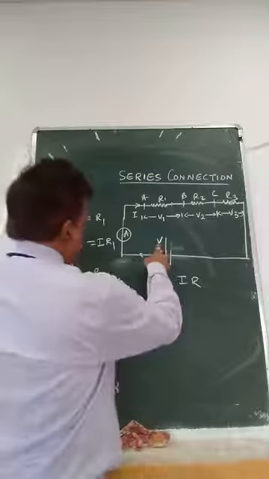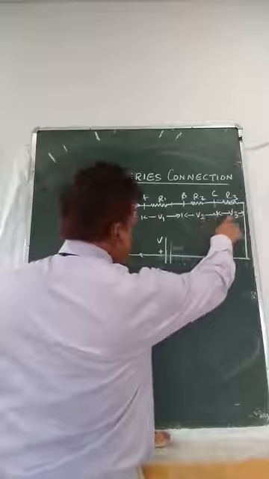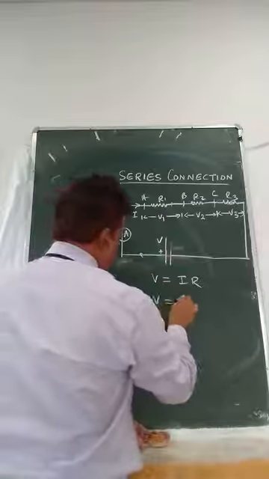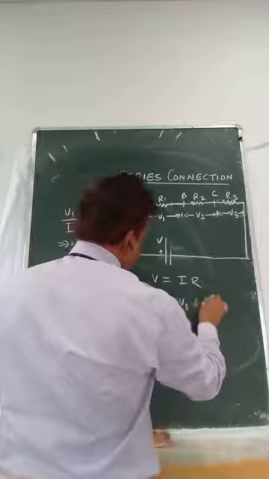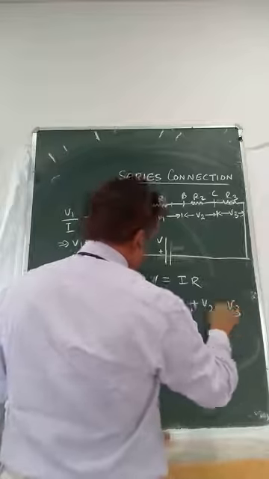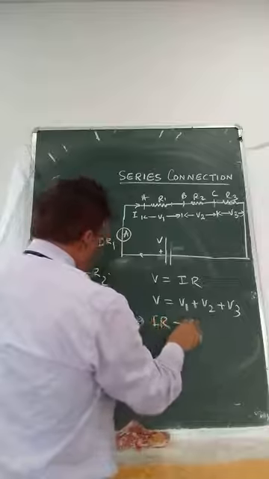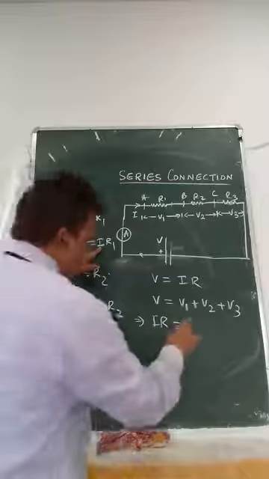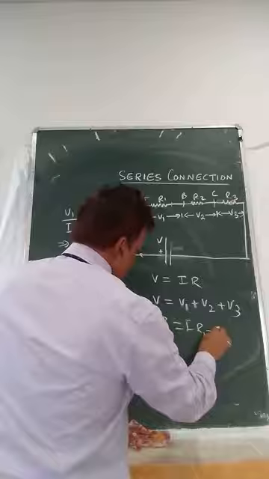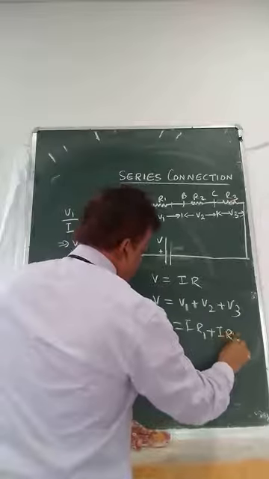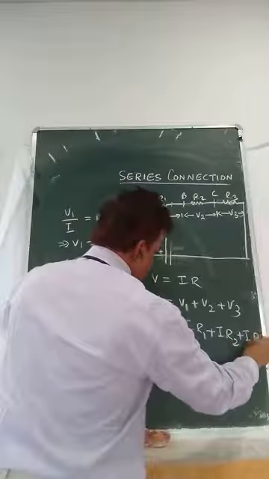But what is V? V equals V1 plus V2 plus V3. So for V you write IR, for V1 IR1, IR2, IR3.